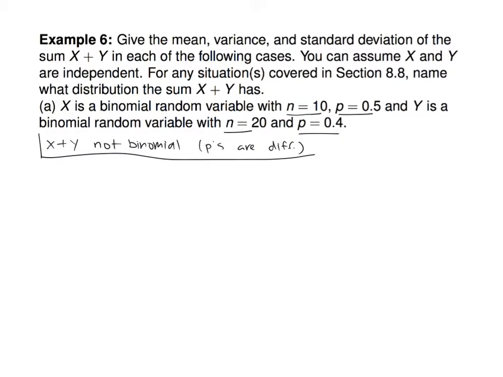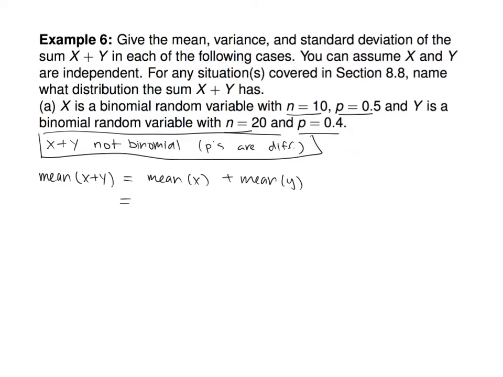Okay, but you can still talk about the whole mean, variance, standard deviation. And here's how. The mean of X plus Y is going to be the mean of X plus the mean of Y.